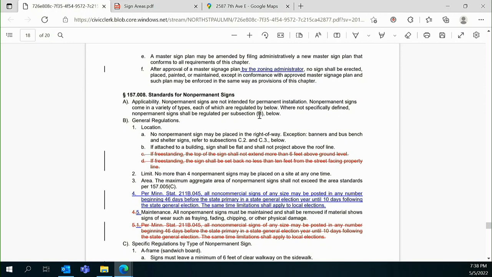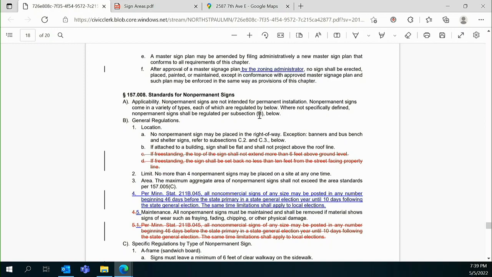Banner and bus bench and shelter, yes. Because a banner could potentially be over the street. Yes, but when we do the banner one, if you look at C, we're saying it can be supported by posts or stakes as well. So that assumes it's not over the street, it's in the ground. So it can be put in the right-of-way, is what I'm asking.